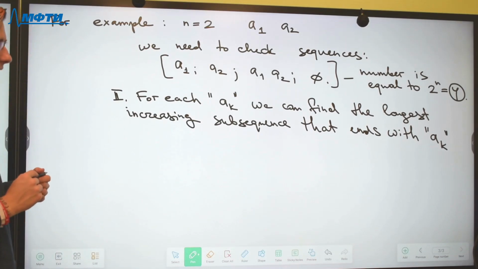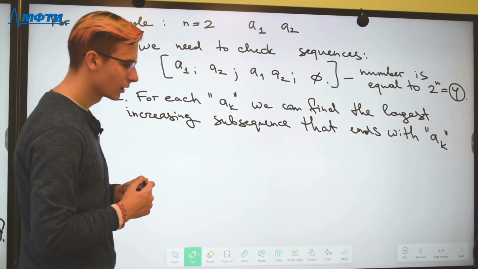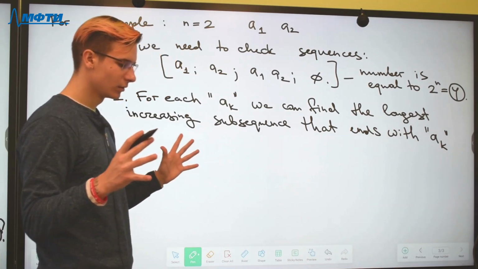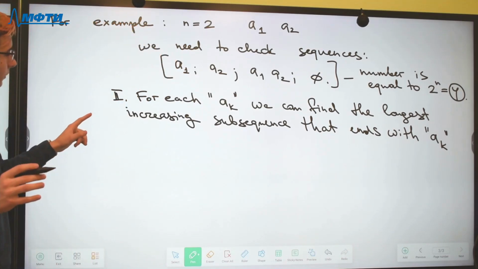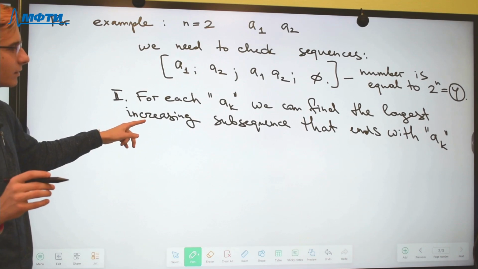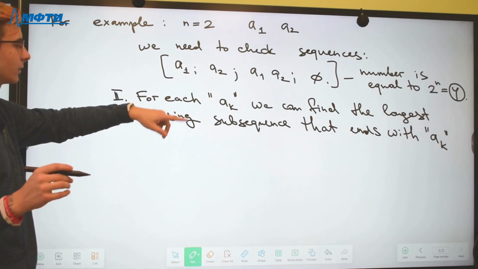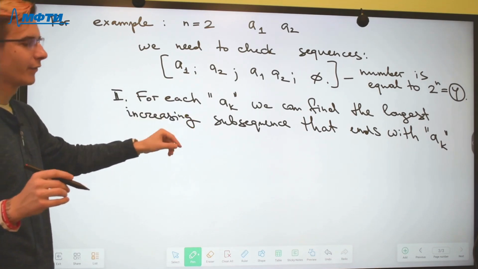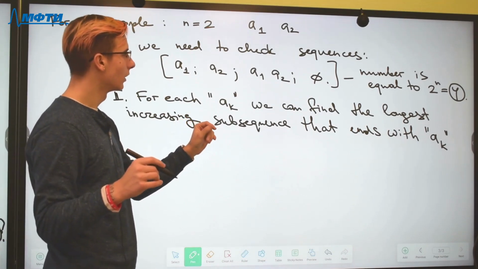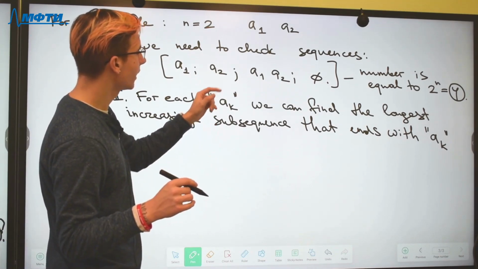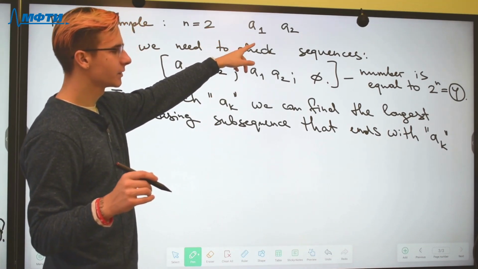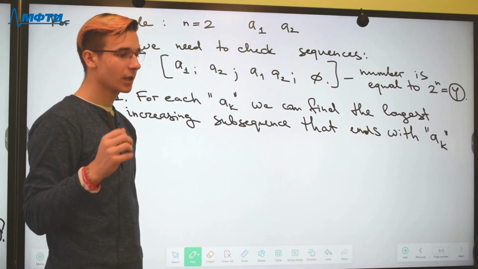Firstly, we can store the length of the longest increasing subsequences for all numbers from A1 to A with index k minus 1.